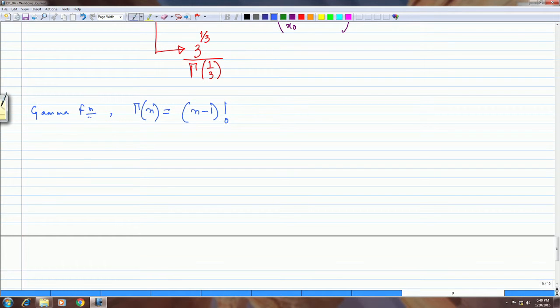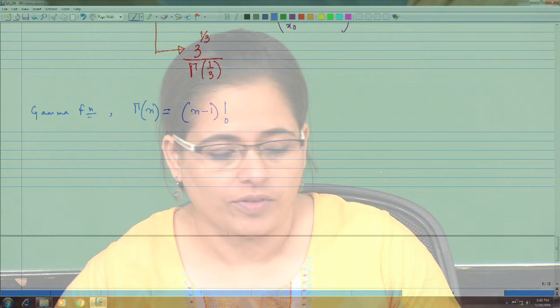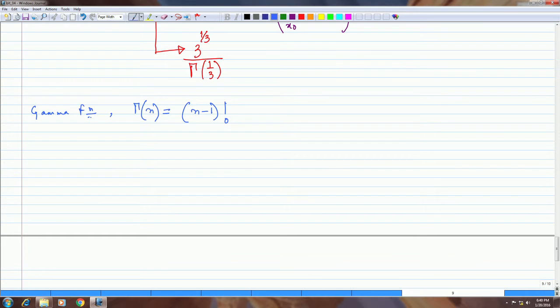So basically, it's similar to the factorial, except it is n minus 1. Factorial n would be n factorial, so gamma n means one less than n factorial. Now, let me explain what we mean by the gamma function.